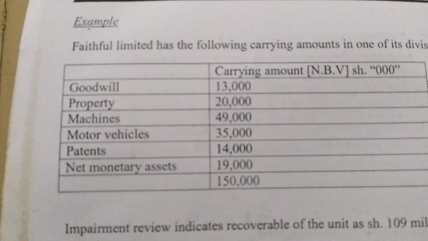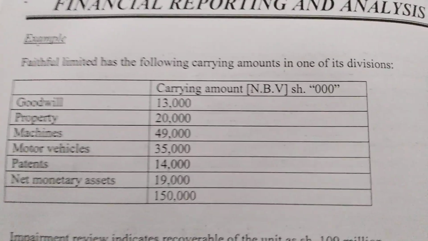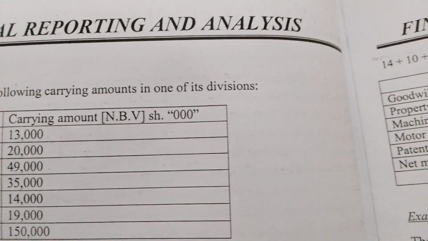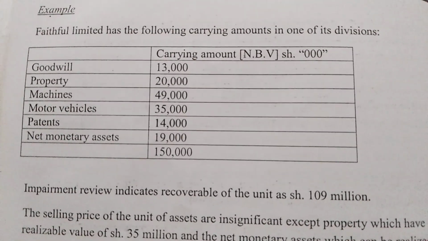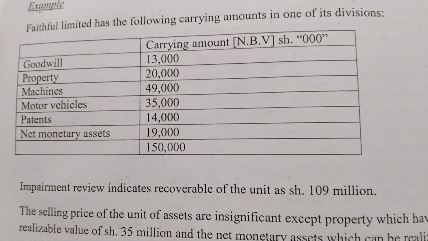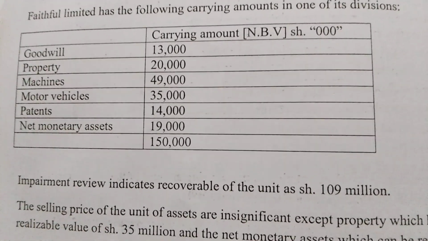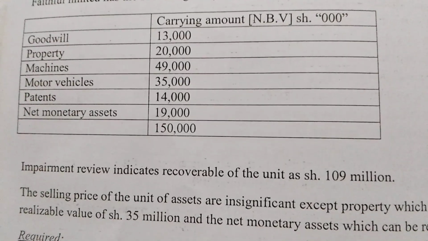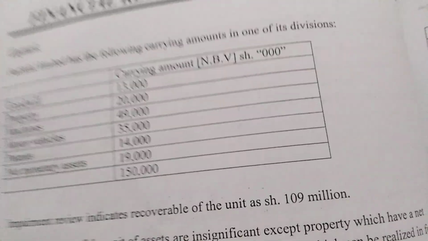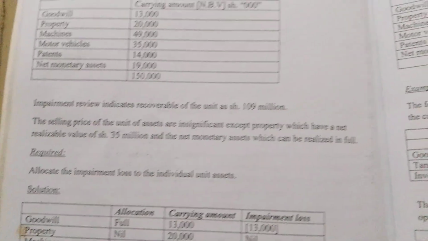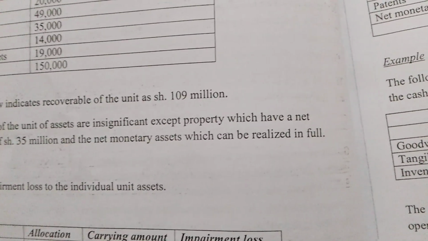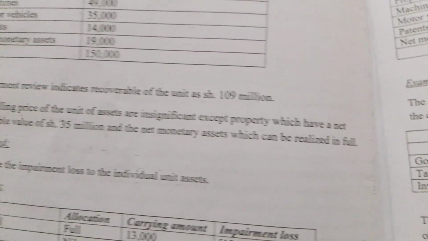So it started on the other side. Just make a follow-up. We are told Faithful Limited has the following carrying amounts in one of its divisions. So you start following from there. You are given carrying amounts for different items: goodwill, property, machines, motor vehicles, patents, net monetary assets. You are given the totals there. And then you are told impairment review indicates recoverable amount of the unit at shillings 109.